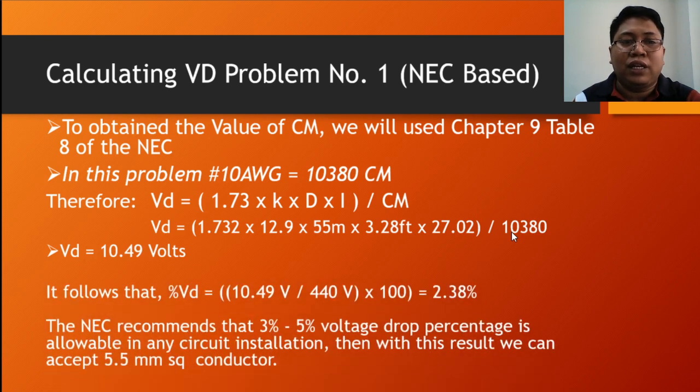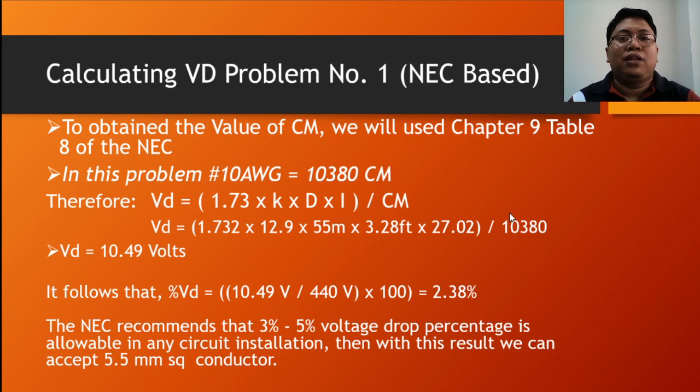So, same din kanina, it follows that the percent voltage drop is equal to 2.38%. Technically, we can accept the 5.5 mm squared as the conductor for this problem. We can recommend din ito sa kliyente natin na, sir, pwede mo nang gamitin yung mas mababang kable, mas makakatipid pa siya. Okay?